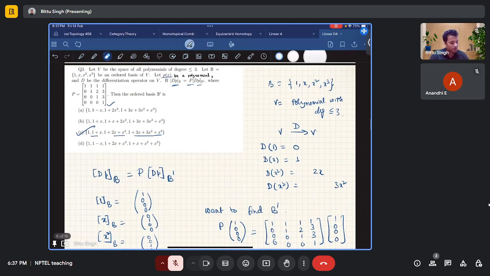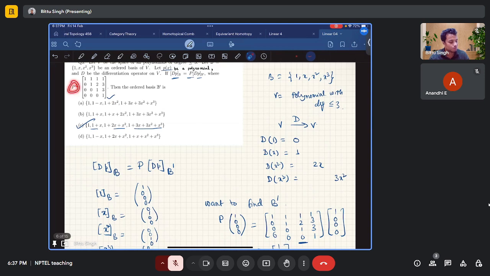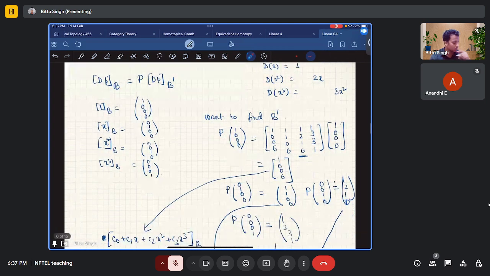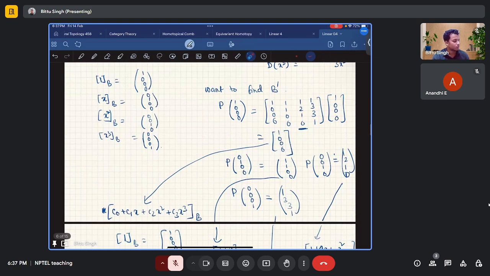Okay. So again, how do we solve those kind of problem? First, simply we apply those P on the standard matrices 1 0 0 0, 0 1 0 0, 0 0 1 0 and 0 0 0 1. If we apply P on those matrices, we'll get something, and we'll write those matrices.